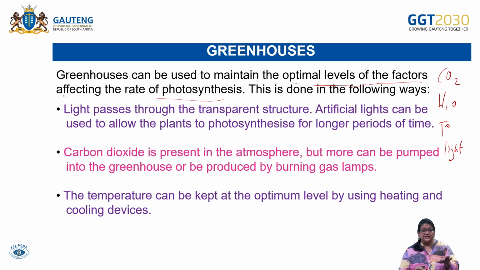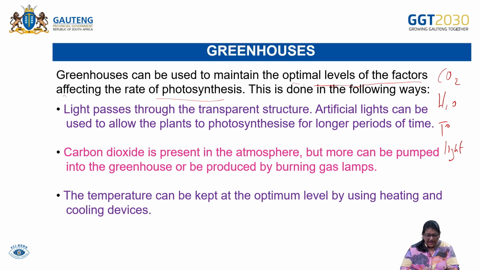CO2 can be pumped into the greenhouse, right, using a little hose pipe. Then they pump out a gas called CO2. It also comes from certain kinds of lamps that can burn, and CO2 is given off. Or they can also put a lot of sodium bicarbonate in the soil, and then the sodium bicarbonate will release CO2 into the atmosphere within the greenhouse.